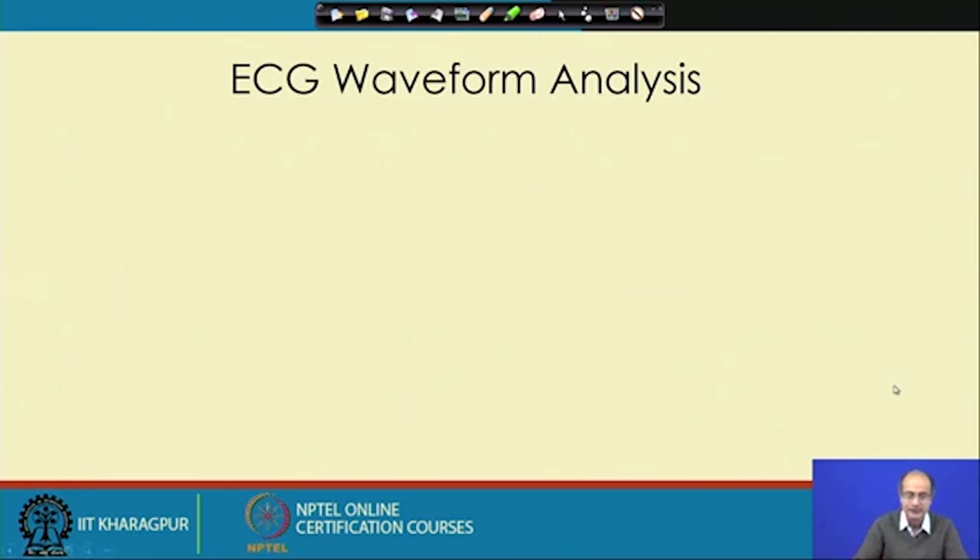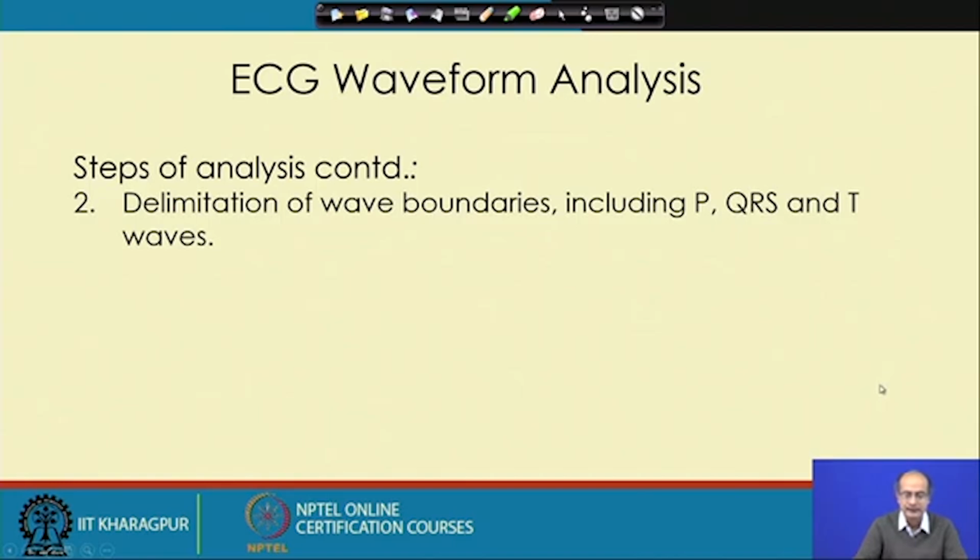So, the next step is the delimitation of the wave boundaries, including the P, QRS and T waves. Using the location of the QRS, we try to draw the boundary where the signal energies are located.